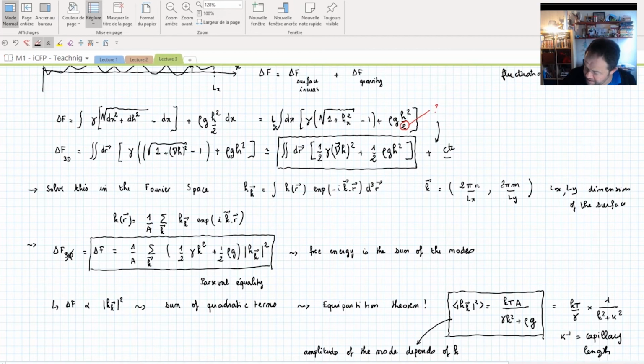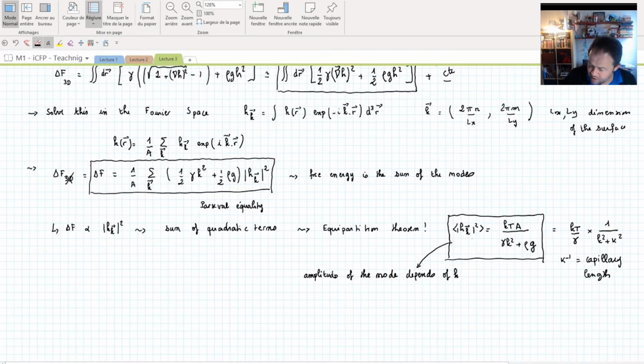Okay, so from that, since now we have the modes, we have the average value of the modes, we can calculate h square, which is 1 over A, the sum of the h square times the sum over the surface. And here it can be related to the amplitude of the modes.